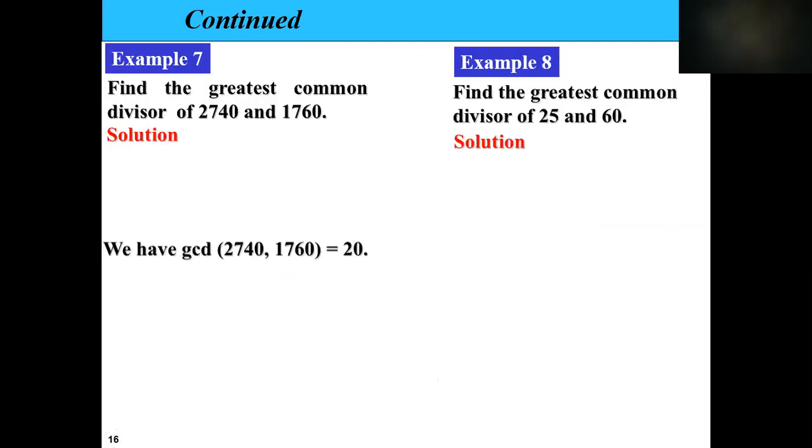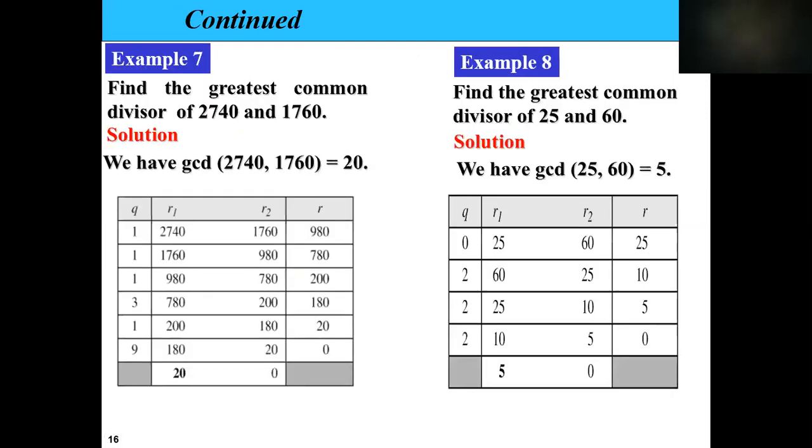Let us give you one example, basically two examples, but you have to solve one example on your own. Find the greatest common divisor of 2740 and 1760. The GCD is 20. Say R1 is this and R2 is this.